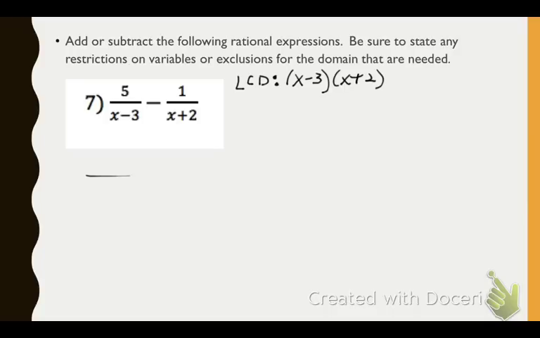So our common denominator will simply be x minus 3 times x plus 2. So to adjust our numerators, we have to multiply by what was missing from our denominator. So on the left, we're going to multiply by x plus 2, and on the right, we're going to multiply by x minus 3.